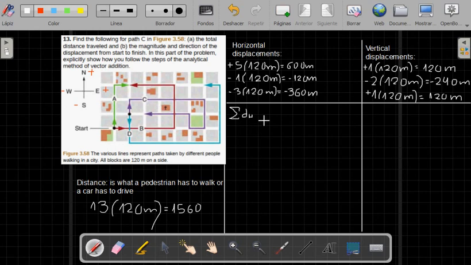That is going to be 600 meters plus minus 120 meters plus minus 360 meters.